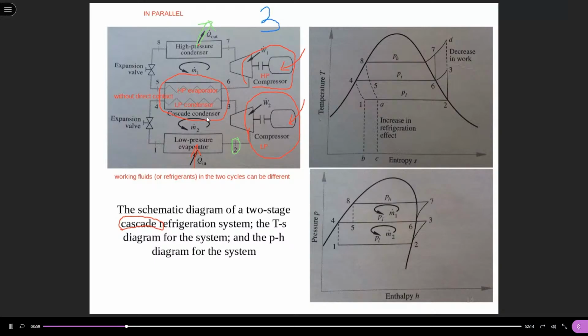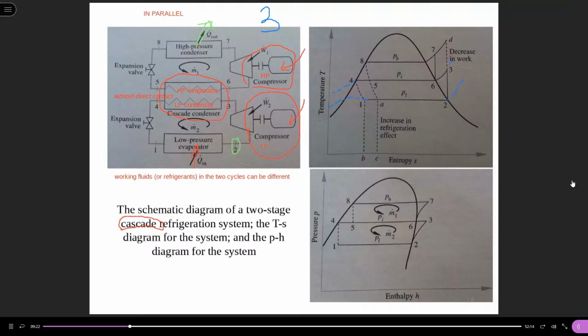One is the low evaporator pressure, so we need to draw the constant pressure line. This is the low pressure line.